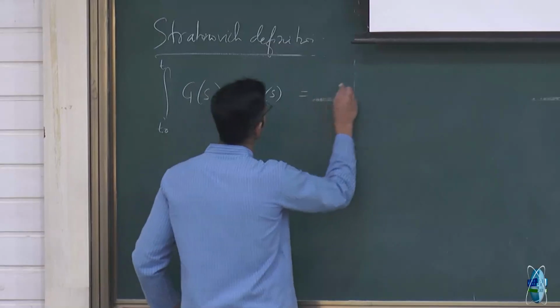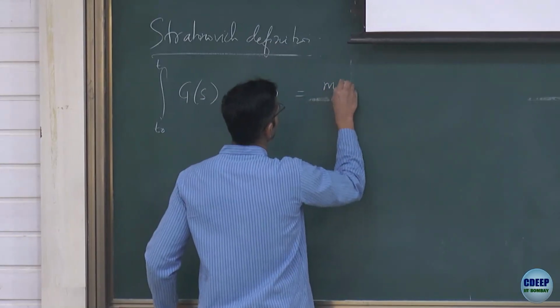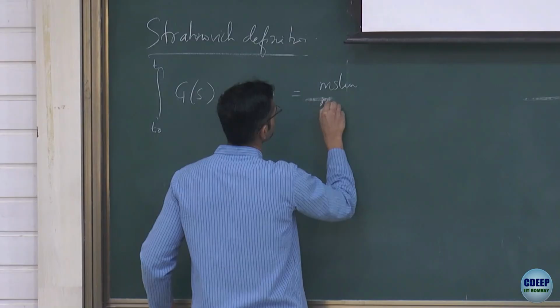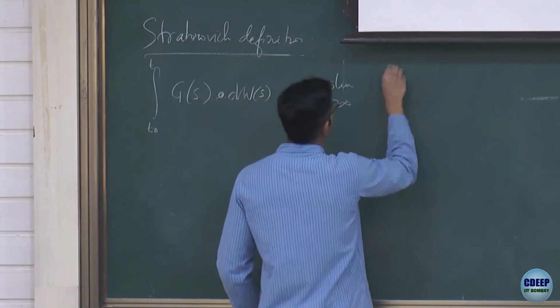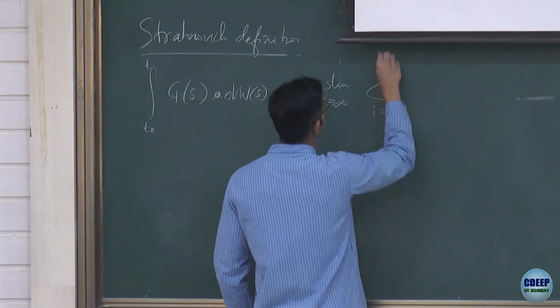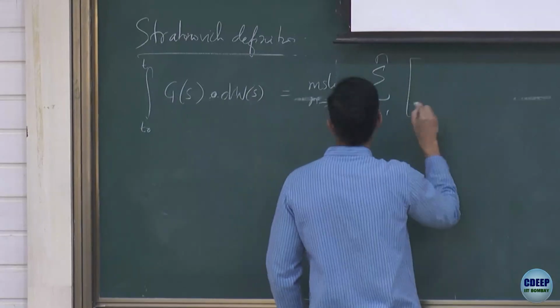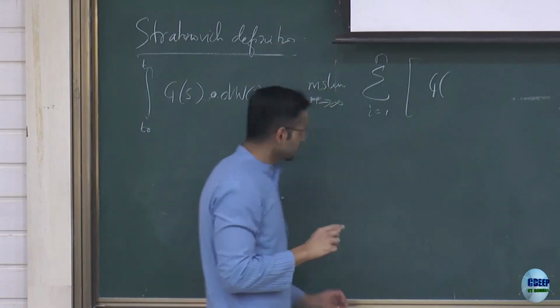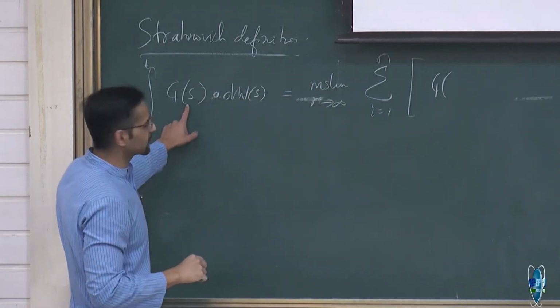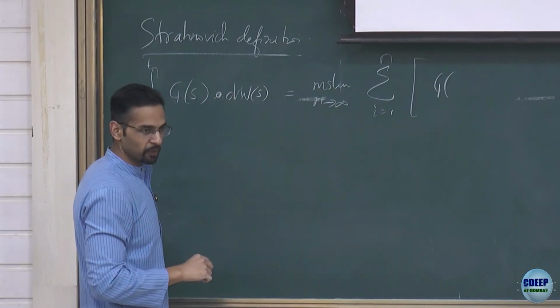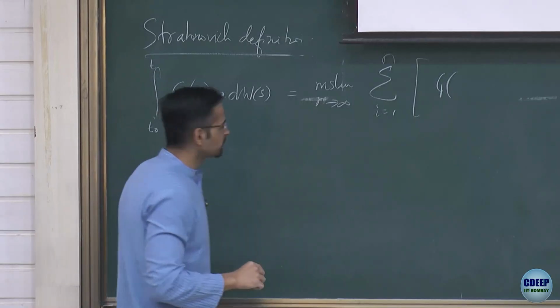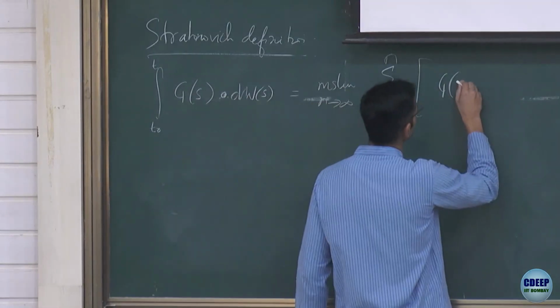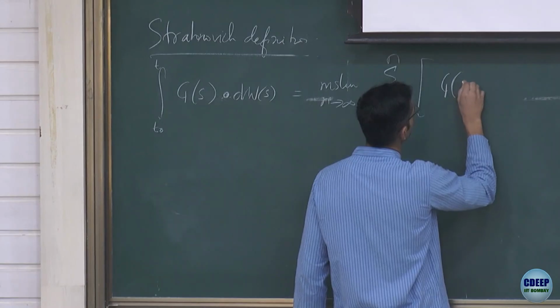So this is going to be equal to, again, the mean square limit, same sense, of the partial sum, and this time G will be, I say midpoint loosely, but G is not actually evaluated at the midpoint as we have been motivating, but more precisely it's the mean.